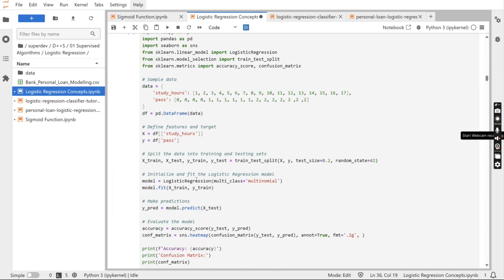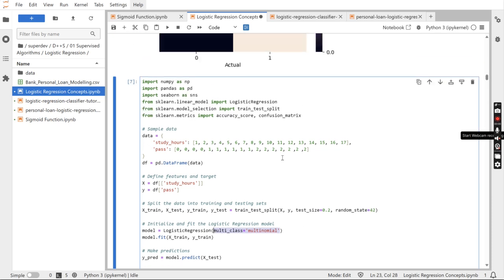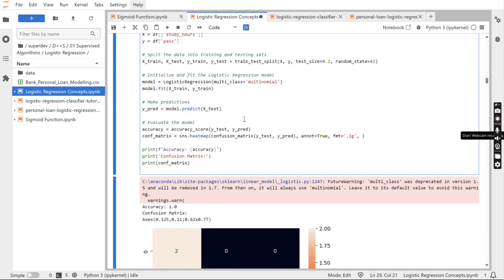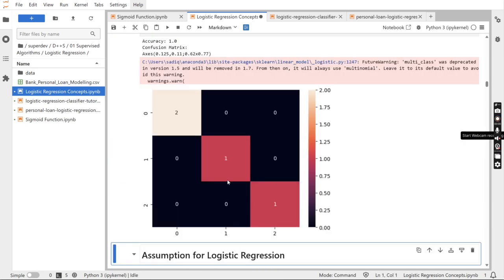For multinomial, as you can see, you just have to give multinomial. Now here I have taken 3 classes, 0, 1, 2, for the same example. And as you can see here also, the majority of the people have been classified in class 0. That means whatever you see along this diagonal is correctly classified.